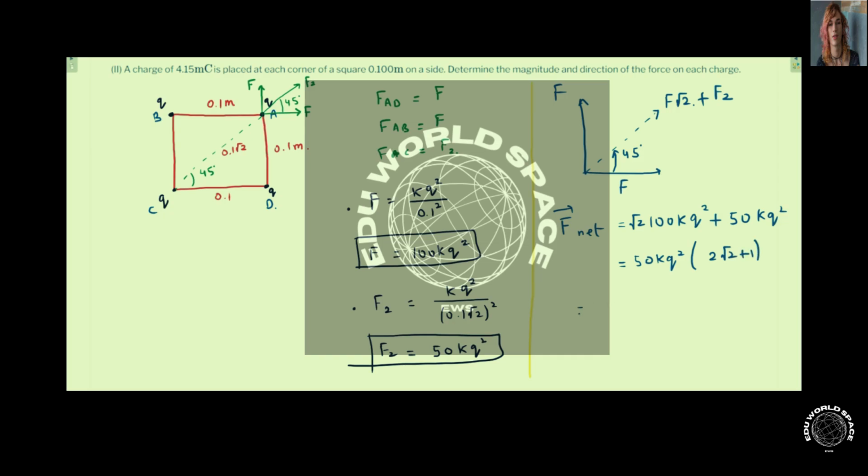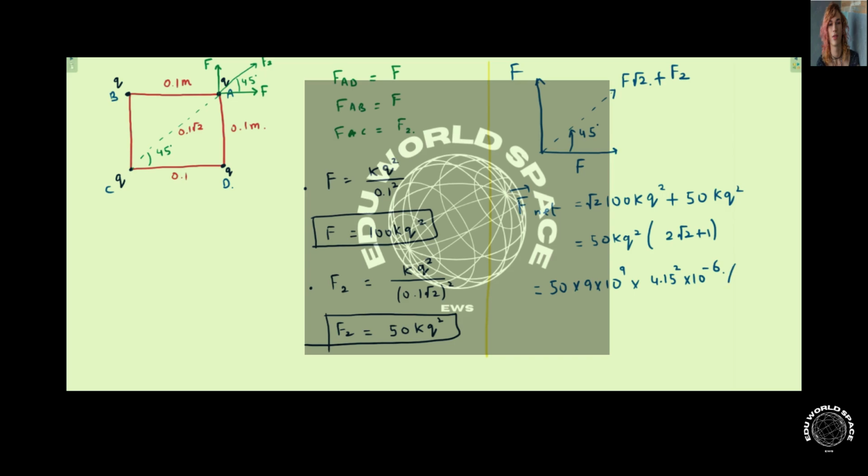Now we place all the values. It's going to be 50 times 9 times 10 raised to 9, and Q square is going to be 4.15 square times 10 raised to minus 6. Why minus 6? Because this is minus 3, and minus 3 squared is minus 6. And we already have 2 root 2 plus 1 over here.